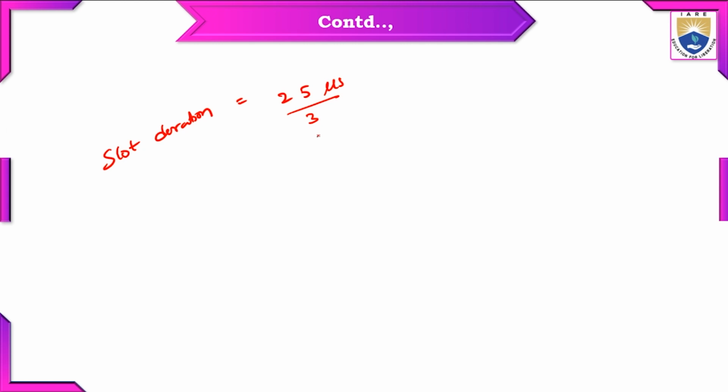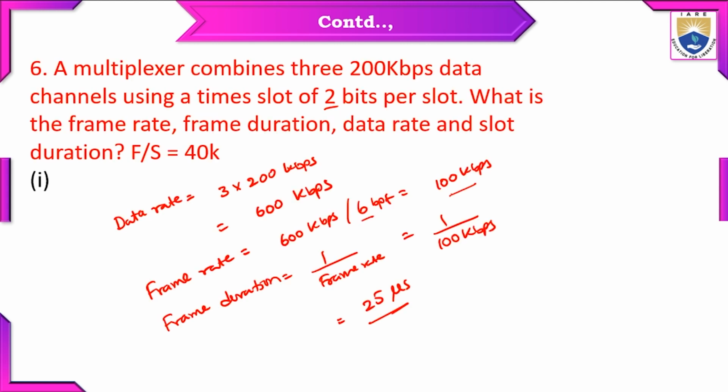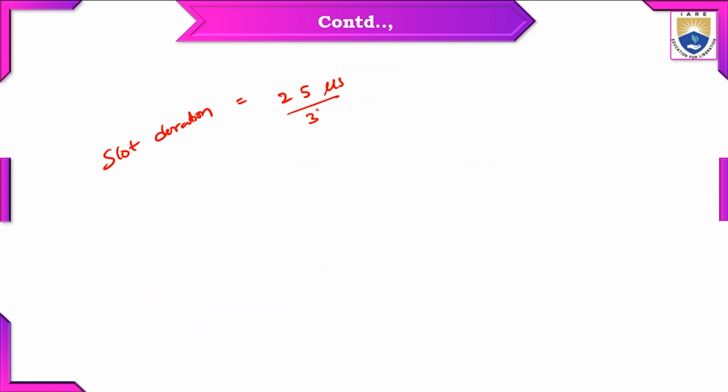So here 3 channels are multiplexing. So this 25 microseconds is divided by 3 channels. Here 3 indicates the channels.